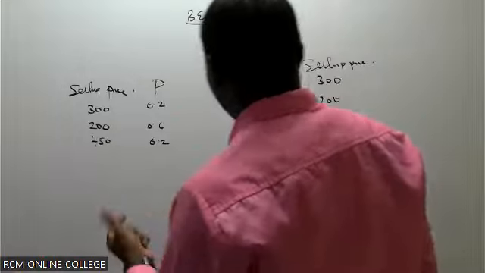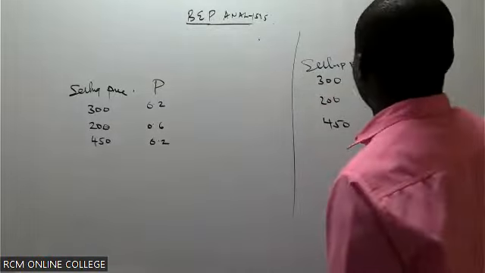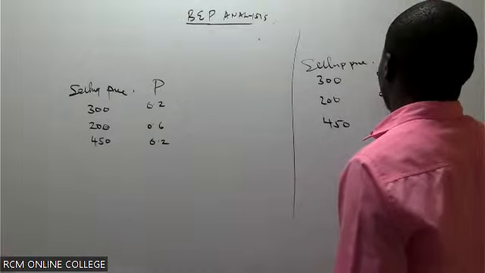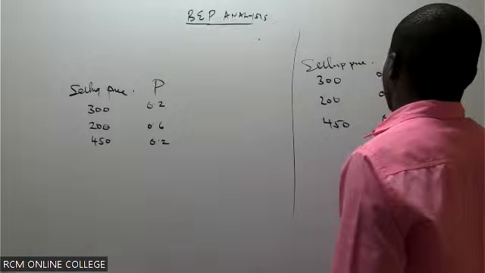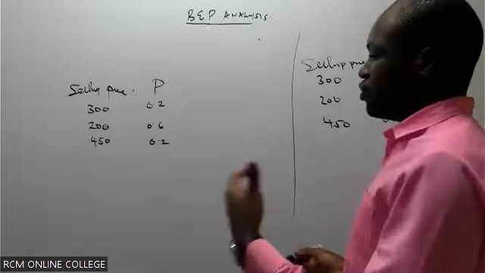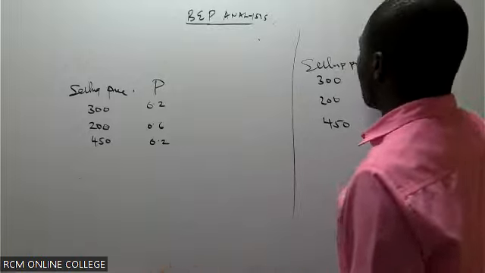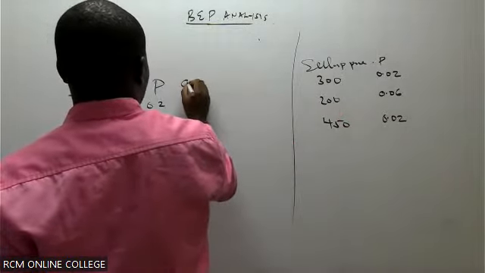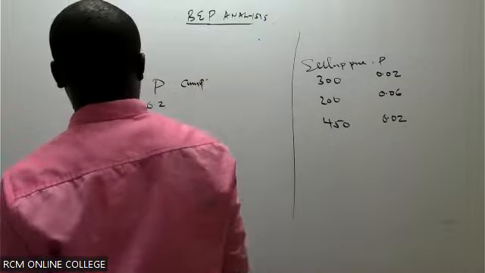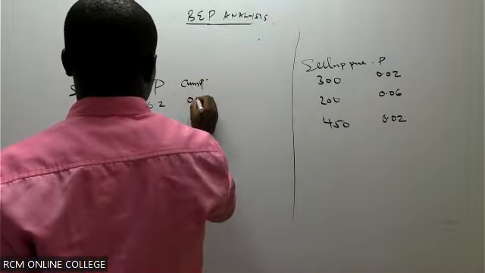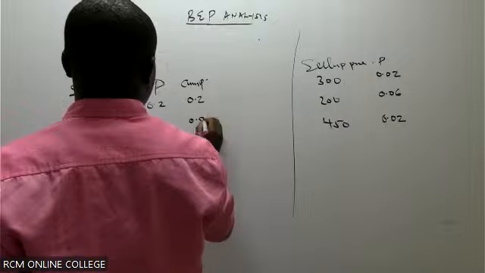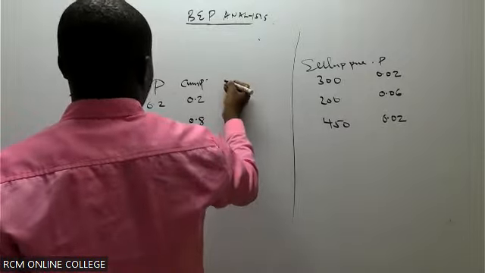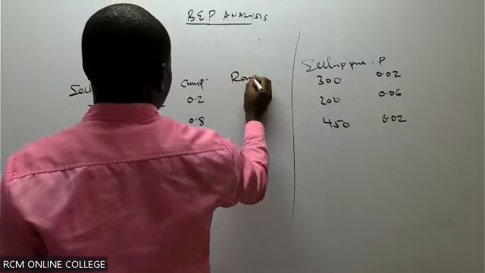But now they are not giving me 0.2. They are giving me 0.02, 0.06, 0.02. What you need to understand here is, are you able to come up with the range? Because our interest here is to come up with the range. So come here and give us cumulative probability, which would be 0.2, 0.8, then 1.0. And then you come now and give us the range.